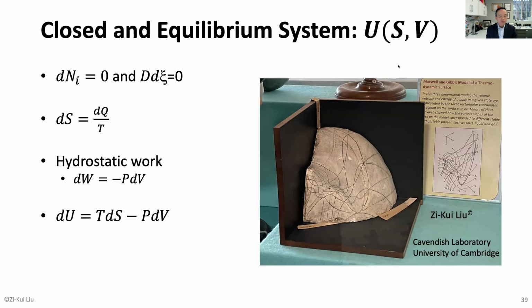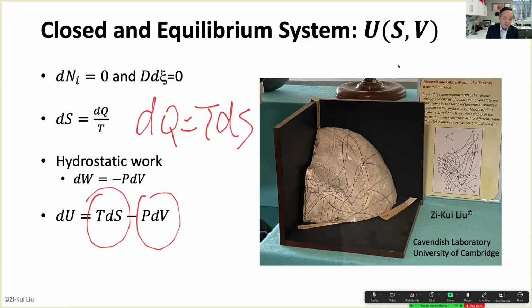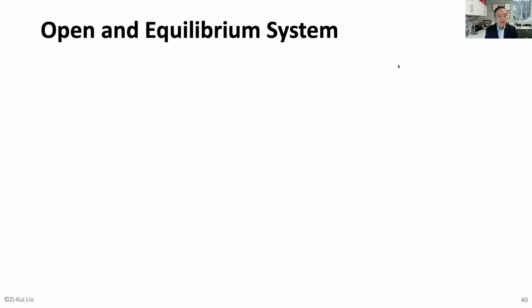Then the combined law we derived before becomes only two terms now. Because now we have dq equal to TdS, you replace in the combined law and you get TdS minus PdV. So it's a closed and equilibrium system.